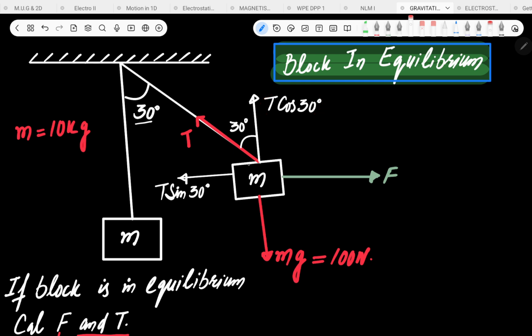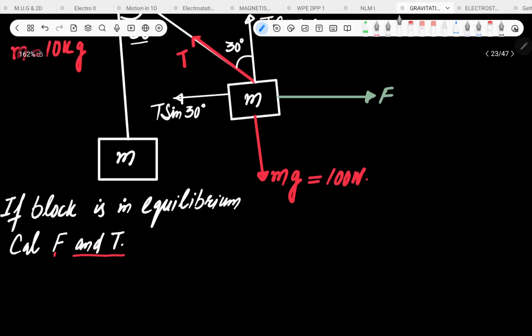Now what is the net force on this block? The net force on this block is equal to 0, which in turn implies that the upward force, that is this T cos 30, has to be equal to 100 Newton, that is the downward force, and the force towards left has to be equal to the force towards right. So let's write down these two equations.